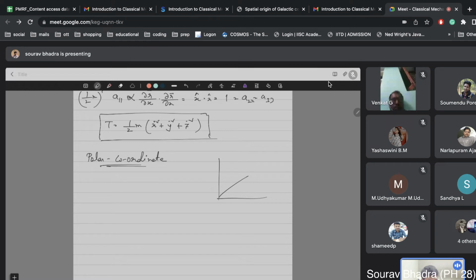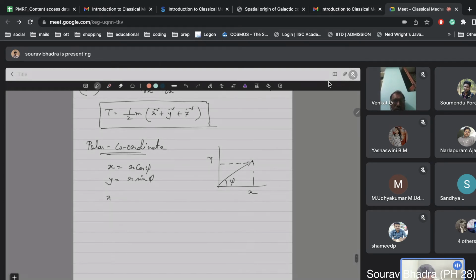So suppose this is y, this is x, and this angle is phi, and this is the position of the particle. Now x can be written as r cos phi and y can be written as r sin phi. So x dot is r dot cos phi minus r sin phi phi dot; you will get this by differentiating. I am not writing all those steps.